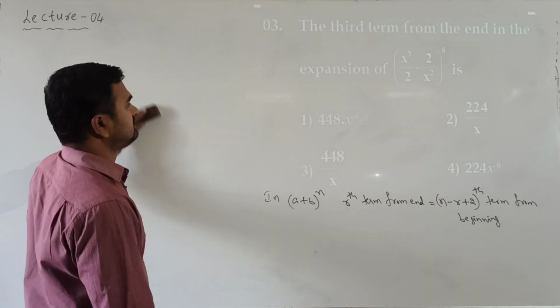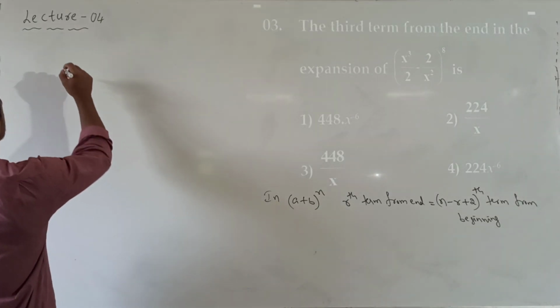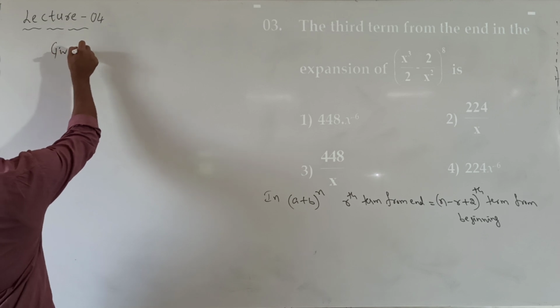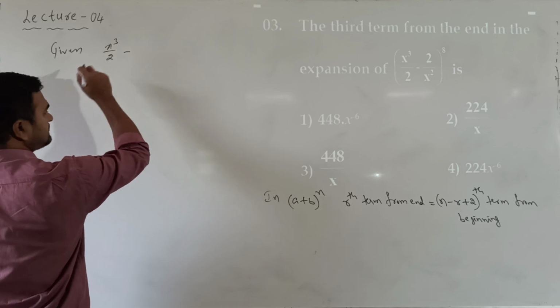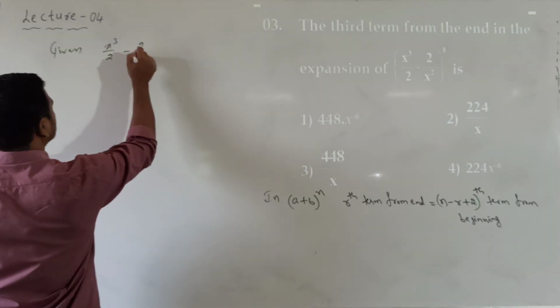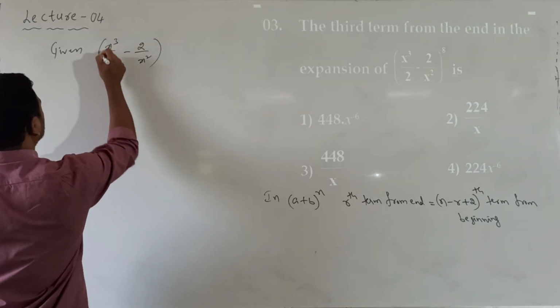Here we need the third term from the end. The expansion is (x cube by 2 minus 2 by x square) whole to the power of 8.